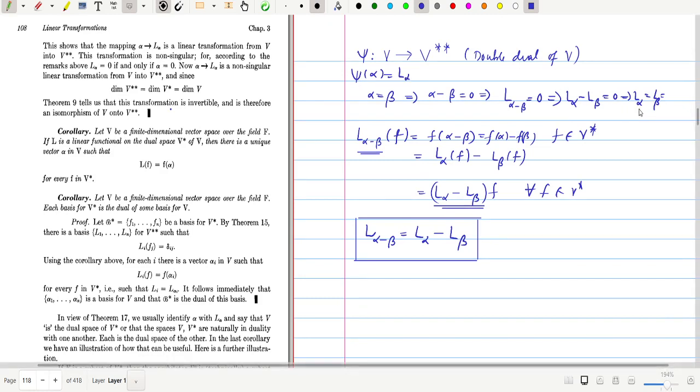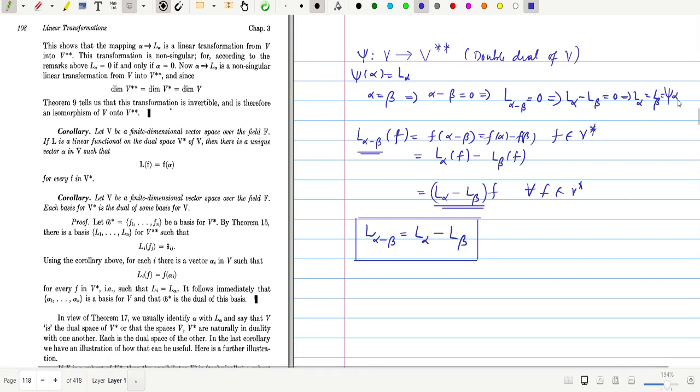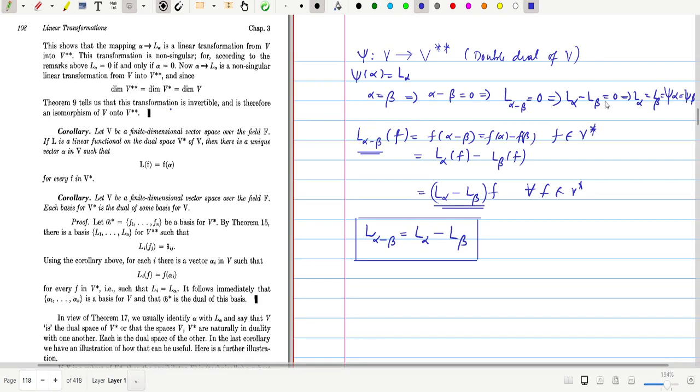Then this L alpha can be written as psi of alpha, and L beta can be written as psi of beta. So whenever alpha equal to beta, you can get psi alpha equal to psi beta. This shows that psi is a function.